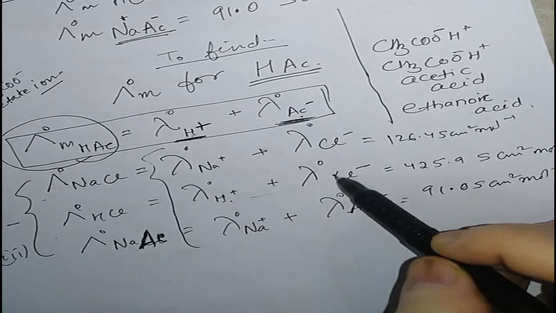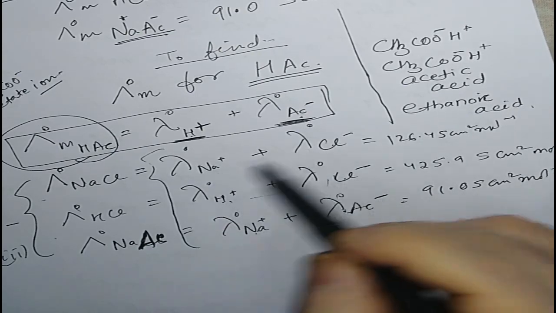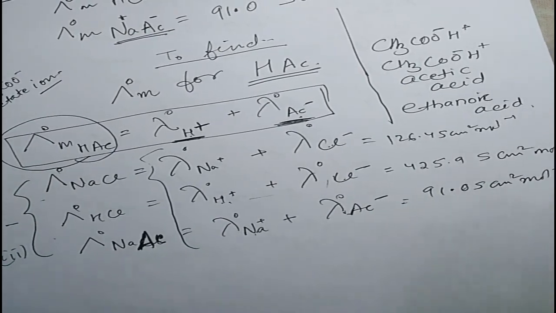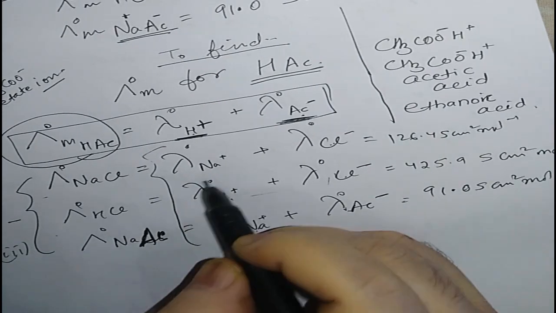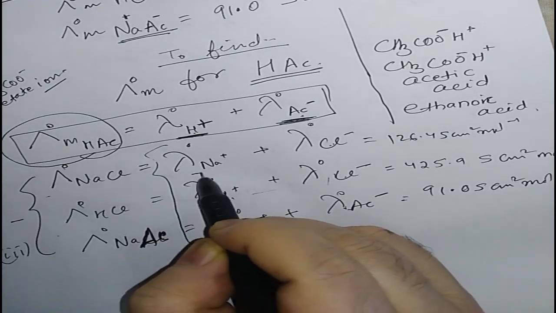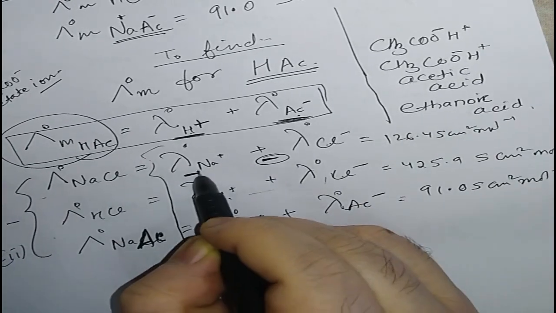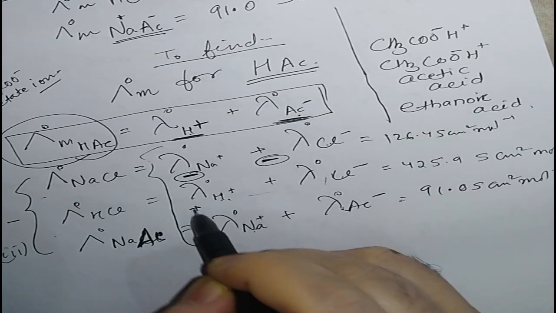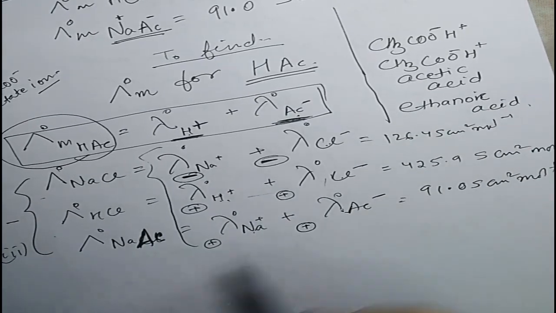So we can add these two equations and subtract this one from them. If we subtract this one, this will become minus, and this will remain plus, this will remain plus.